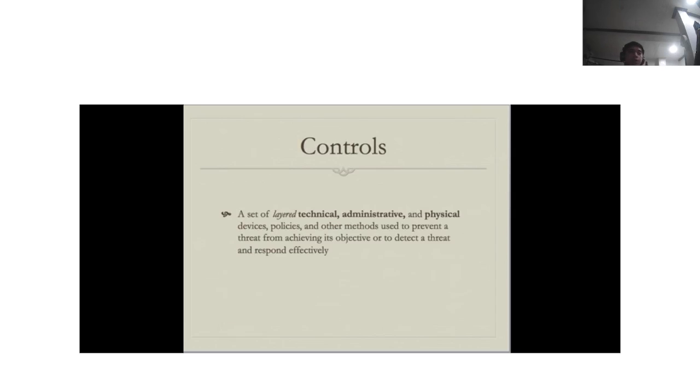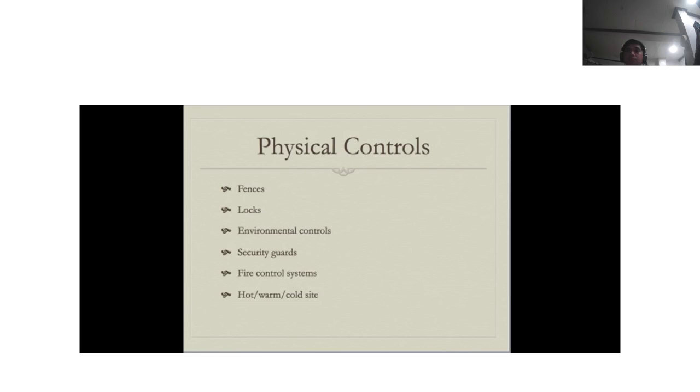Okay, so administrative controls include policy, which is a big part of your learning team project. Okay, so system policies are about a specific system.